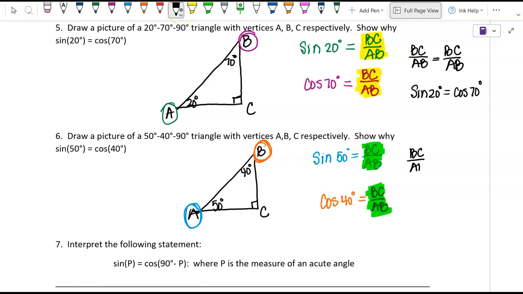BC over AB equals BC over AB. So the sine of 50 degrees equals the cosine of 40 degrees. And again, it comes down to where your reference angle is. Sine is looking from one side of the triangle, cosine is looking from the other side of the triangle in this case.